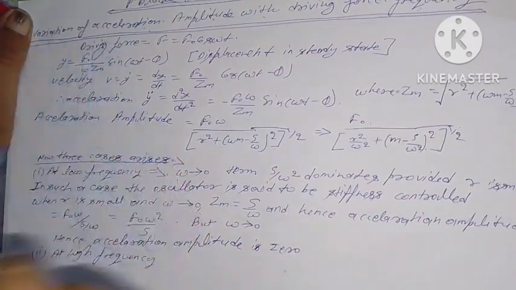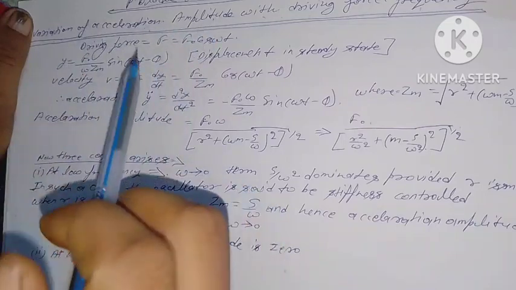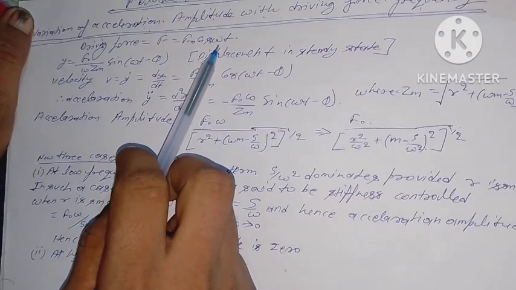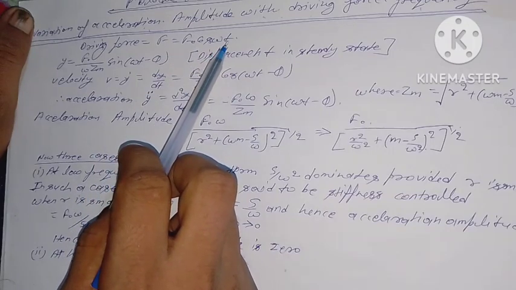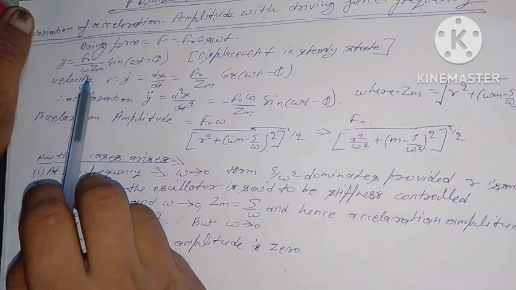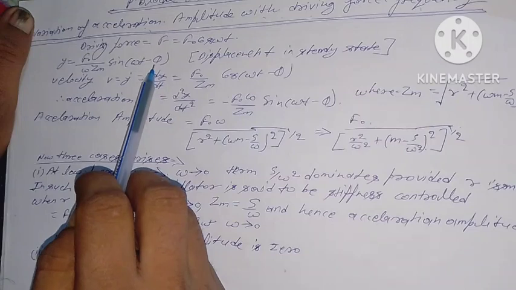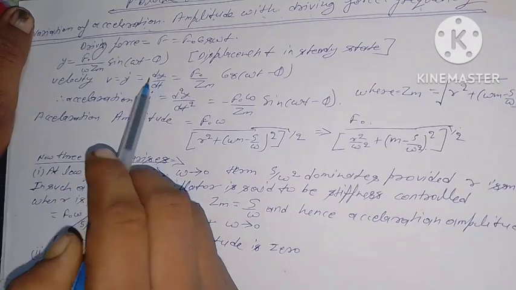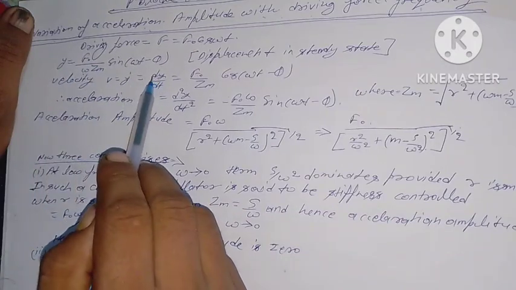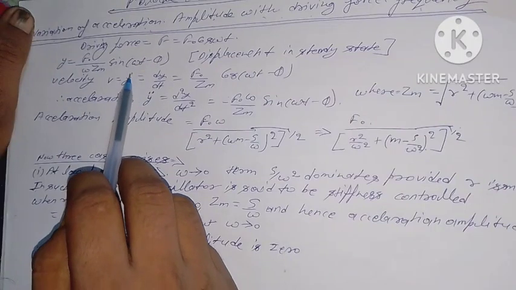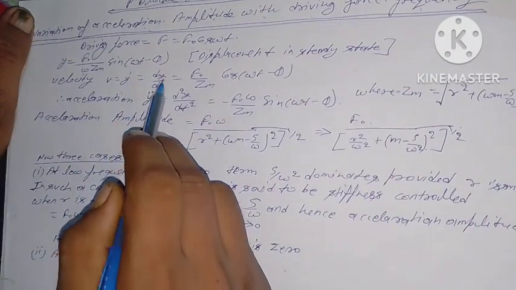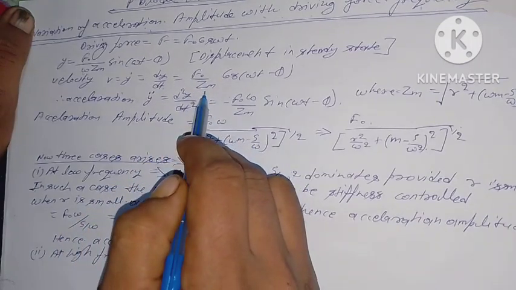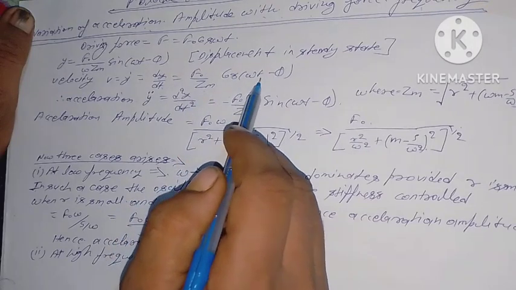variation of acceleration amplitude with driving force frequency. When the driving force is given by F equal to F naught cos omega t, and the displacement of the forced oscillator in steady state is given by y equal to F naught upon omega Zm sin(omega t minus phi), and velocity v equal to differentiate of displacement, dy by dt equal to F naught upon Zm cos(omega t minus phi).